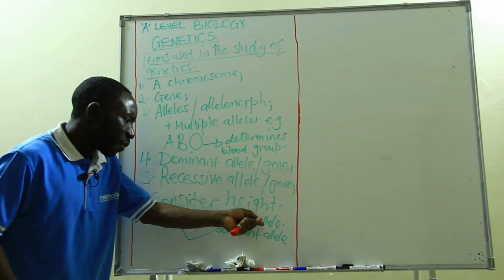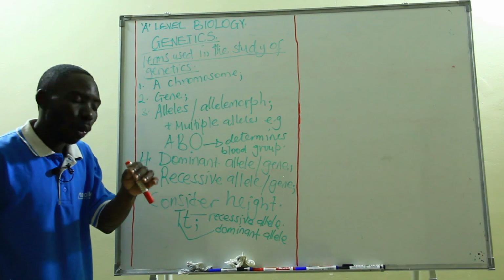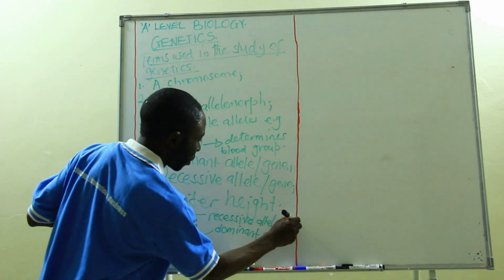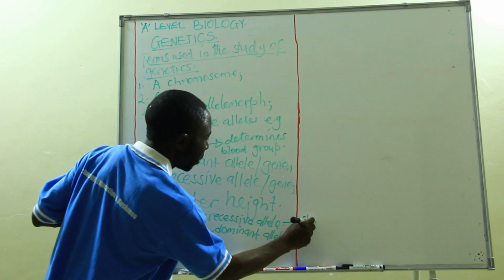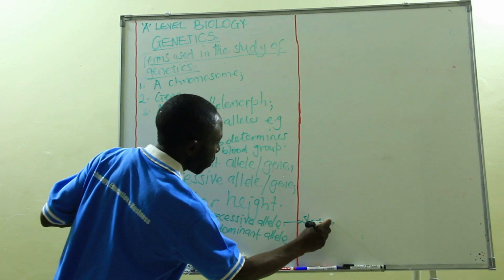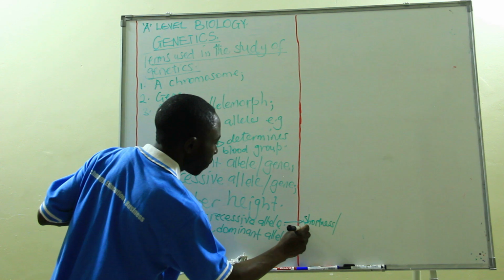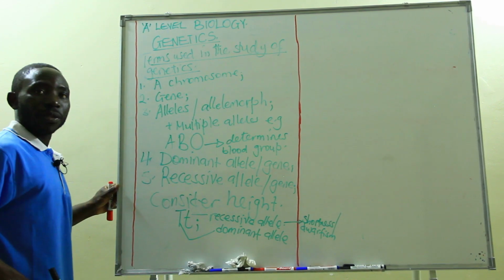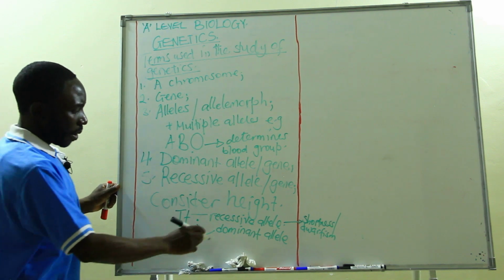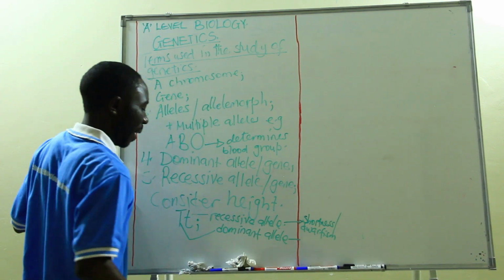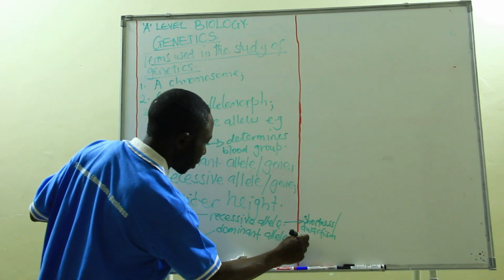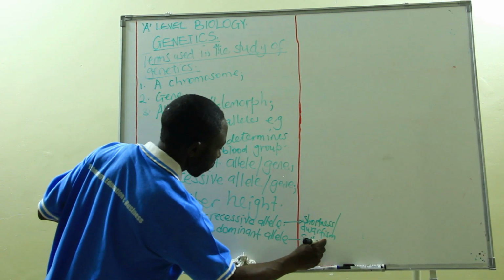So the recessive allele controls the recessive character called shortness or dwarfism, whereas the dominant allele represents the dominant character, and this is tallness.